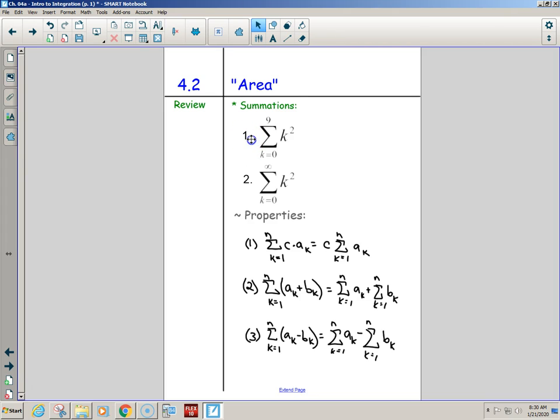In Calc BC, we talk a little bit more about the limit definition of an integral. In AB, we're going to have a forever card on the limit definition of an integral, but we're not going to have to solve it by hand. Yay. Sigmas are really only used in the idea behind an integral.